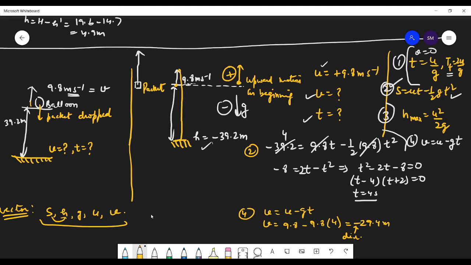So whenever you write vector quantities in one-dimensional motion in a straight line, you take one direction as positive and the other direction as negative. In vertical, one direction as positive and the other as negative. So this is your direction and this is your magnitude, meter per second.